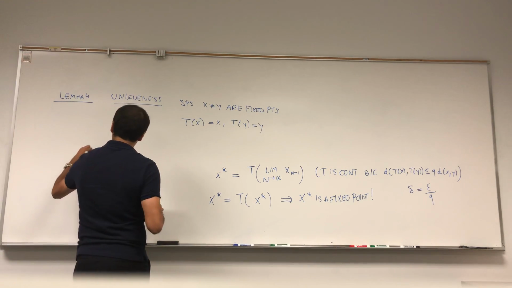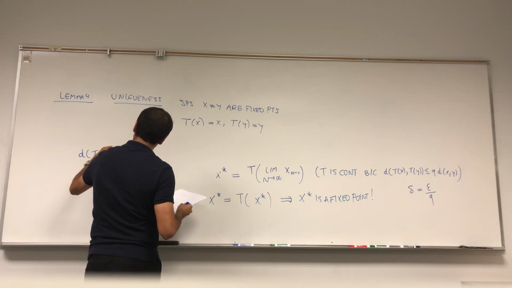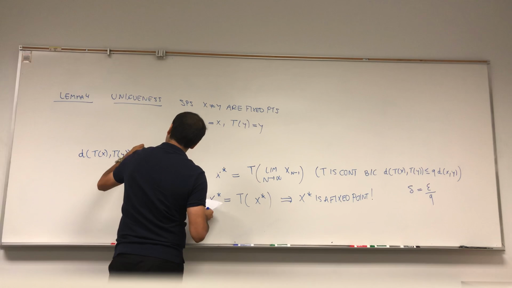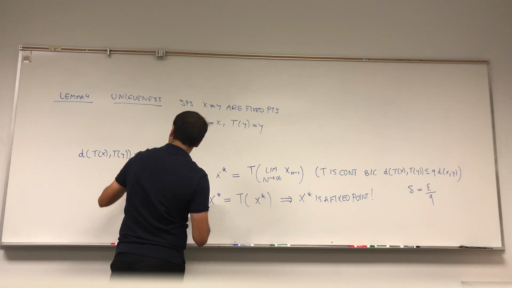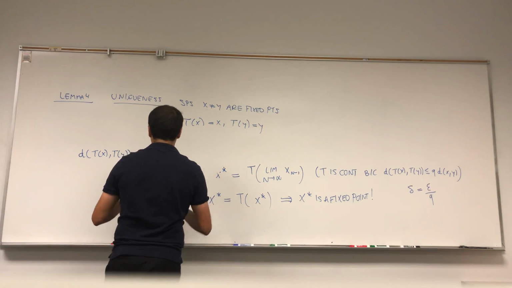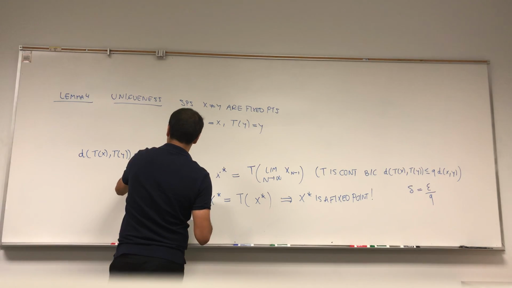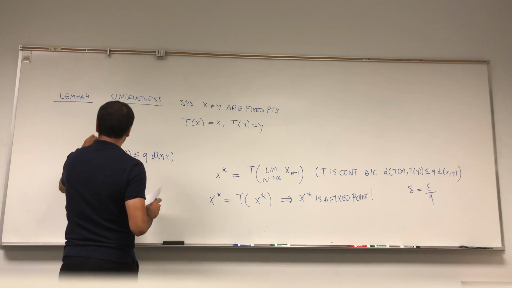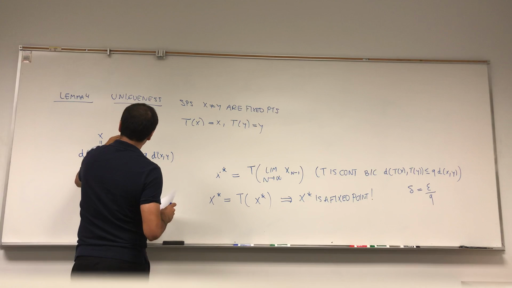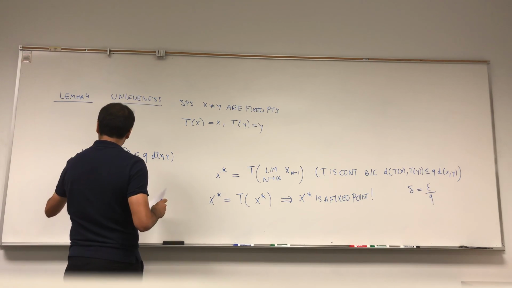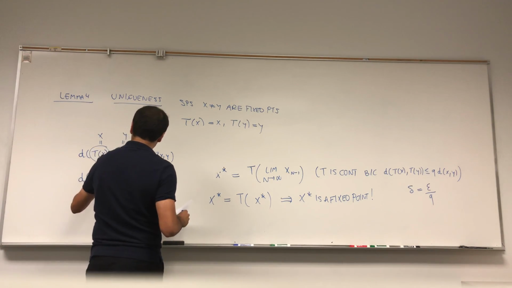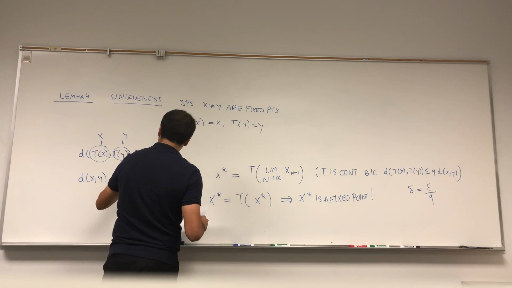So d of T x, T y is less than or equal to q times d of x, y. But T of x equals x and T of y equals y, so we get d of x, y is less than or equal to q times d of x, y.